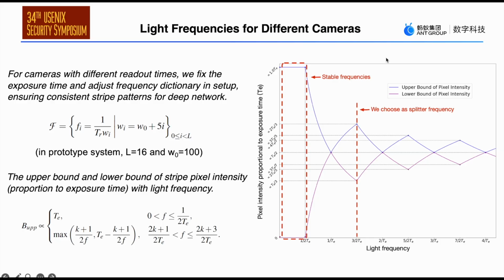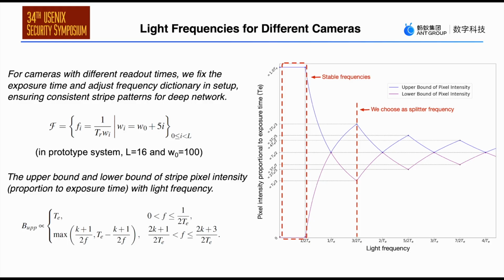To standardize strip patterns across cameras, we fix exposure time and calibrate frequency dictionaries. Strips range from 100 to 175 pixels in width. Our analysis shows strip intensities scale with exposure time, requiring frequencies below half the exposure time for high contrast.